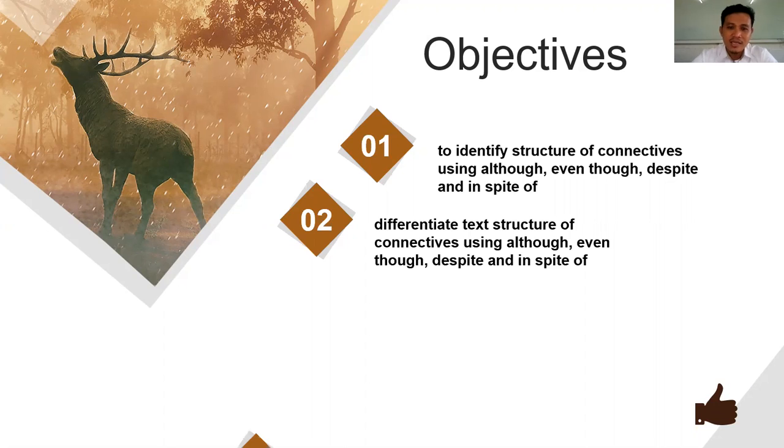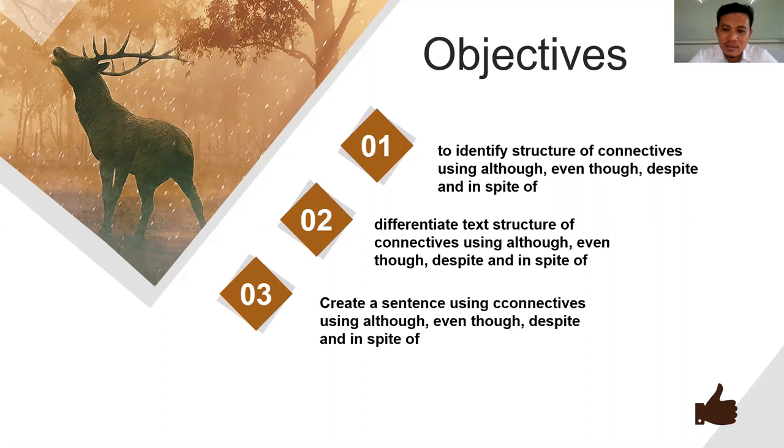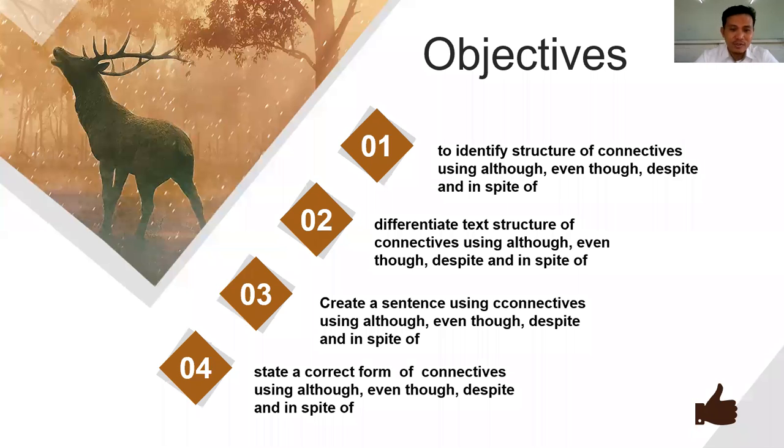And the next is you will be able to create a sentence using connective using although, even though, despite, and in spite of. And then number 4, you will be able to state the correct form of connectives using although, even though, despite, and in spite of.